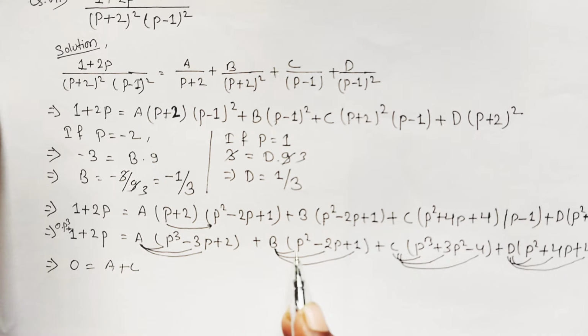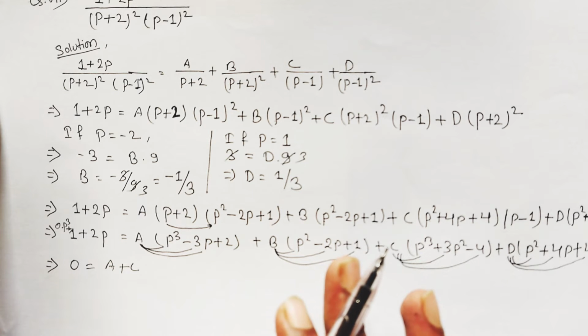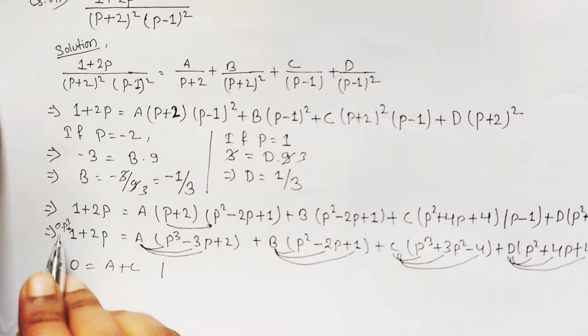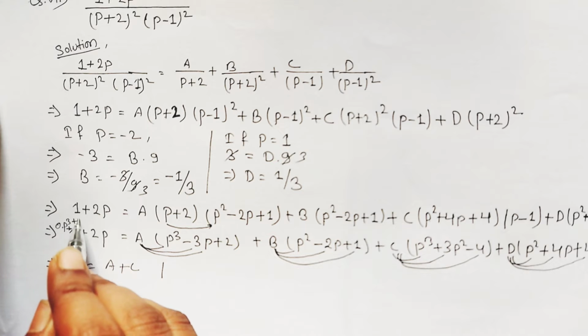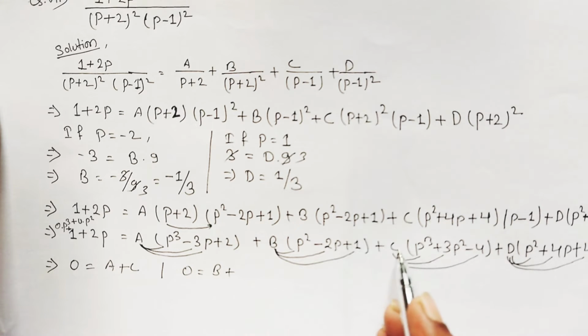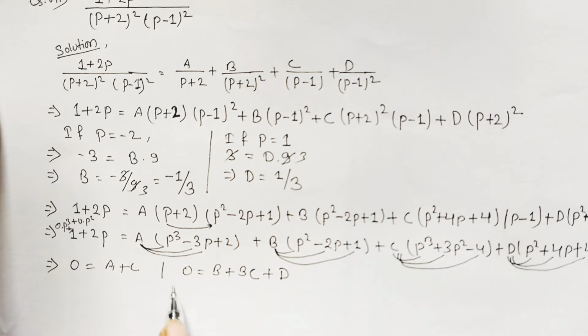That is p square. Let's move to p square. On comparing the coefficients of p square, on the LHS we have 0, because here we have 0 times p square, so 0 equals B plus 3C plus D. We know the value of B, that is minus 1 upon 3, plus 3C plus D, which is 1 upon 3.